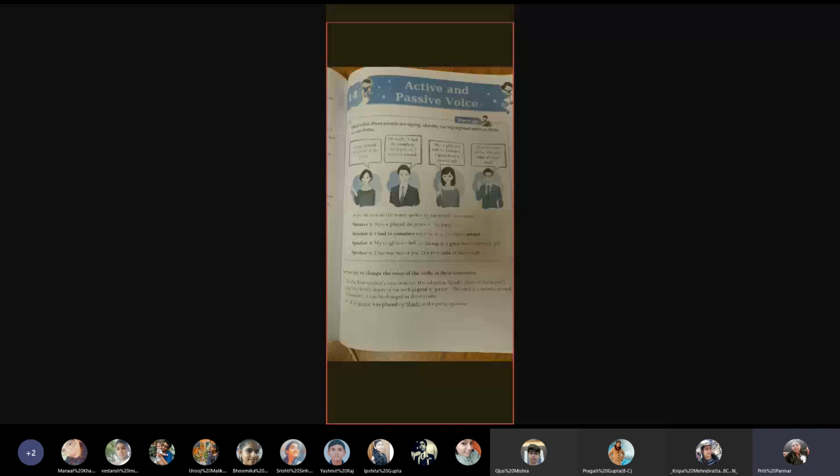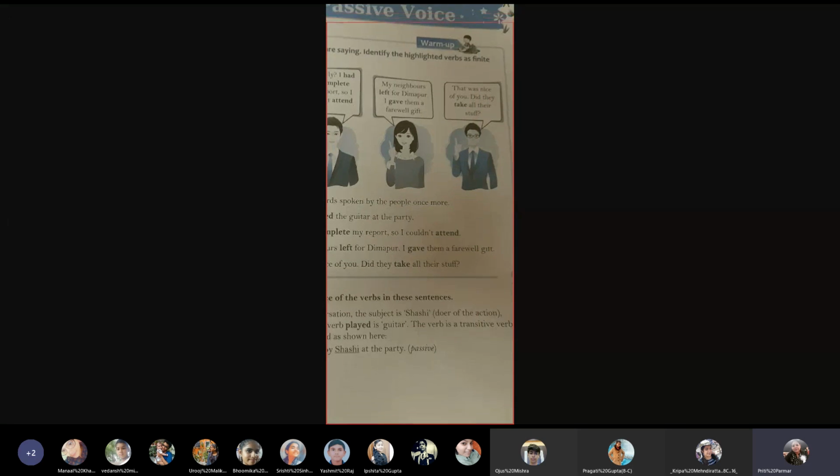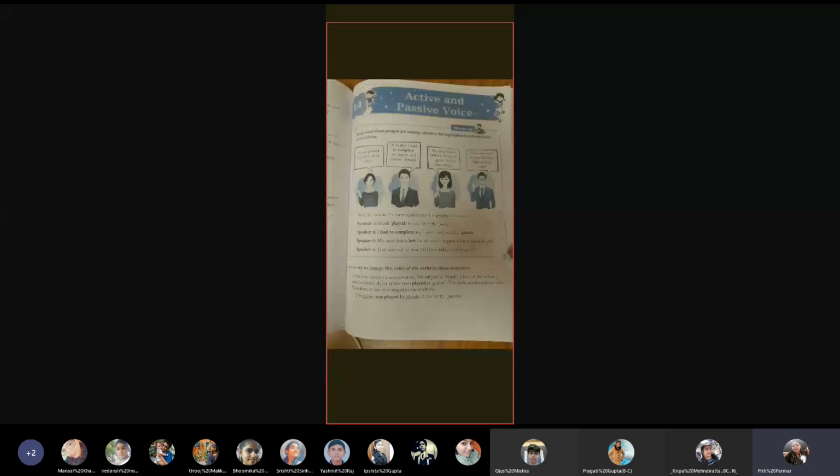And if you see the remaining part of the sentence, can you see I couldn't attend? Here, attend is also a verb, but it is intransitive. That means an intransitive verb does not need an object, so these intransitive verbs cannot be changed.